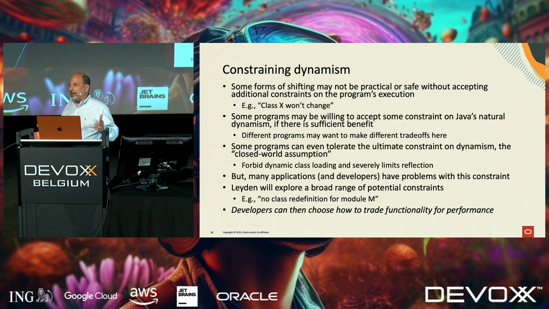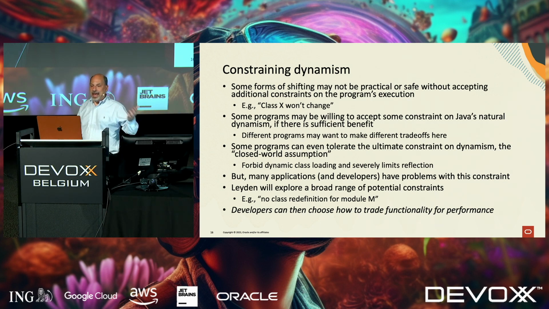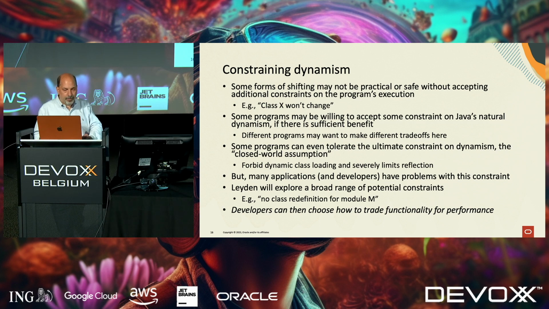So one of the key values of Project Leyden is that we want users to be in charge of choosing which constraints they're willing to accept in order to get the benefits that they want, because we know that different programs have different requirements and different goals and different performance needs.